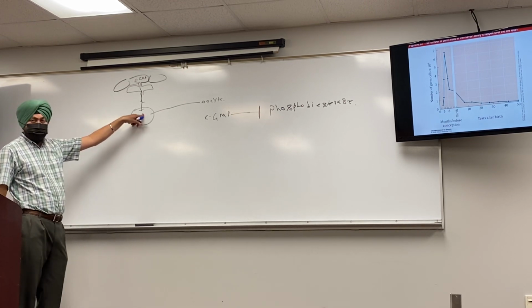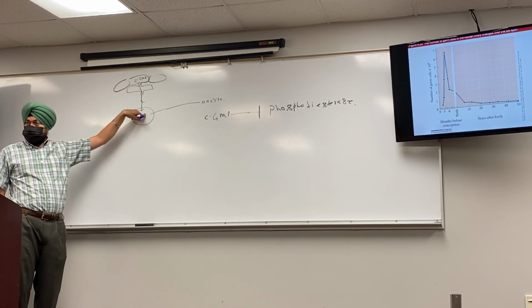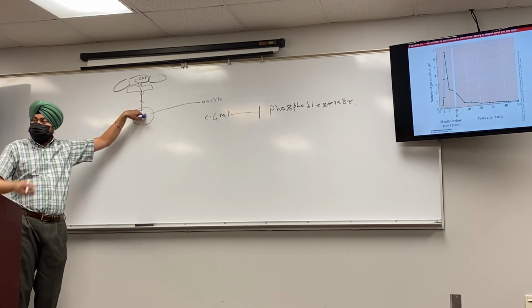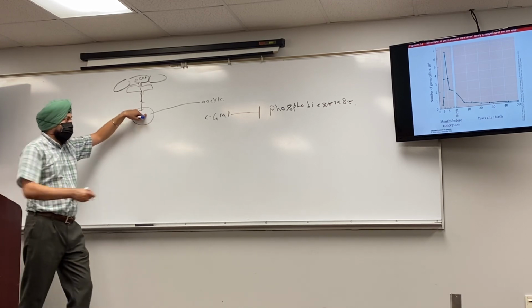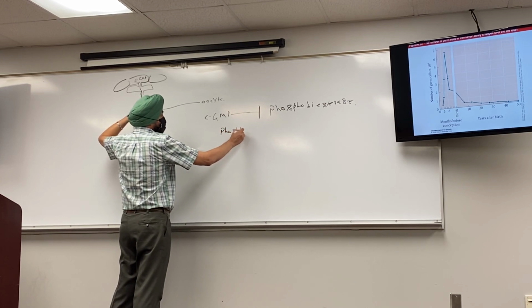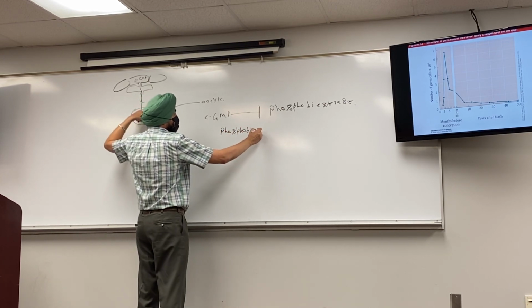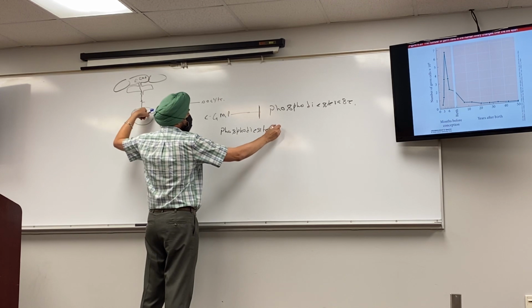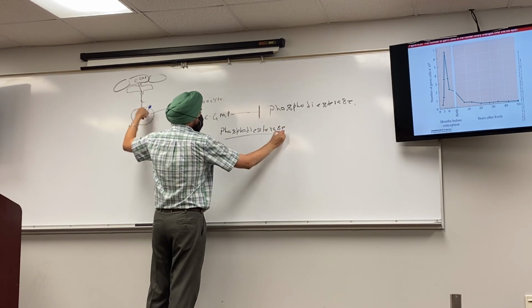Cyclic GMP reaches here, and here is the phosphodiesterase enzyme, and that is inhibited. And what does phosphodiesterase do?